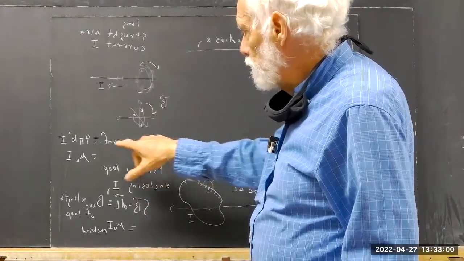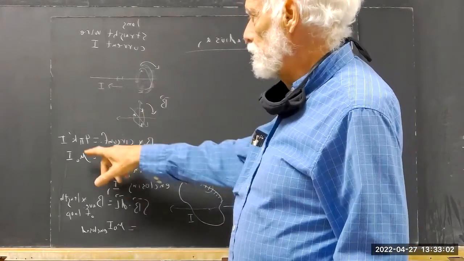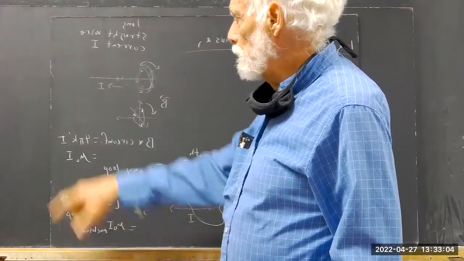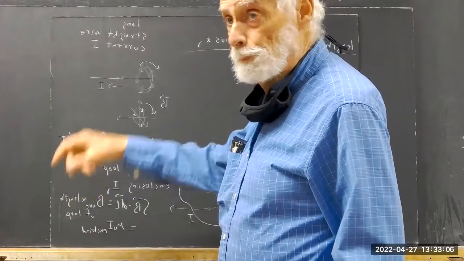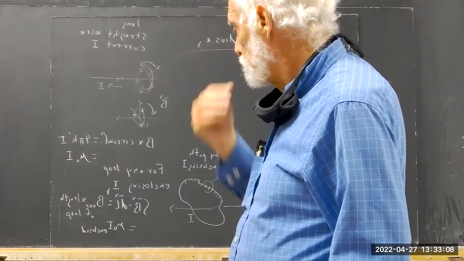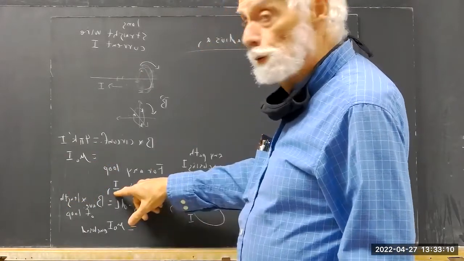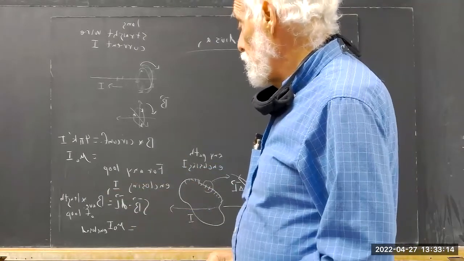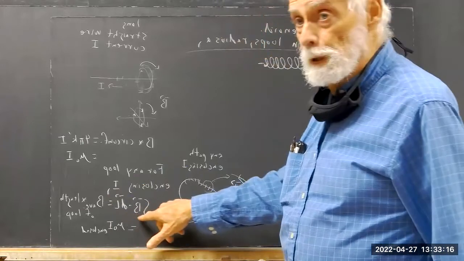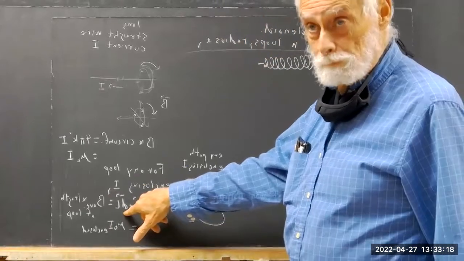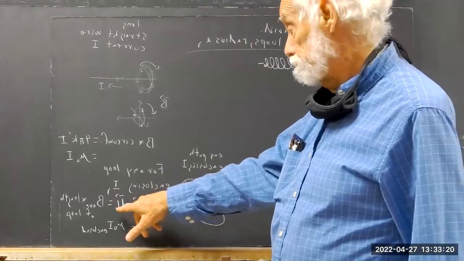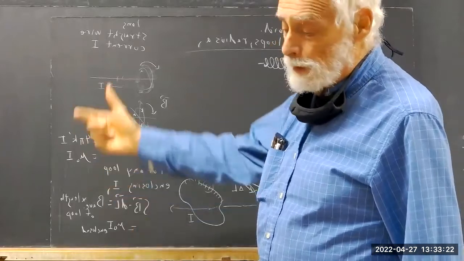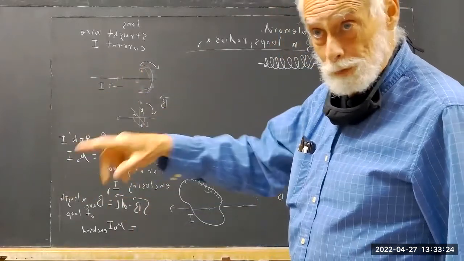Your magnetic field times its circumference turns out to be 4 pi k prime I, or mu naught I. Then for any loop enclosing your current, you do a line integral of your magnetic field dotted with your displacement increment.